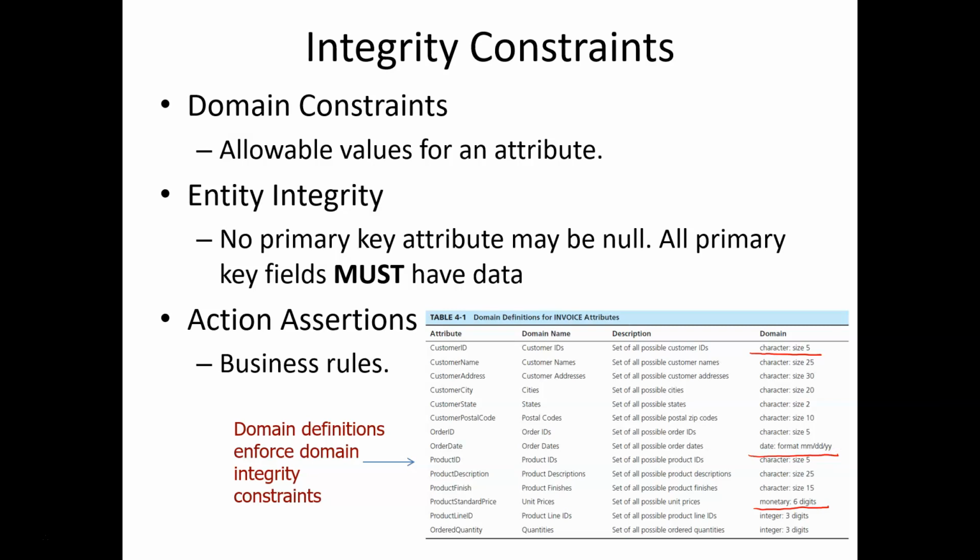So those are some of the domain constraints you can put on the database when you create the database structure. And when users enter data into the database, if they enter 6 digits for the customer ID, then the DBMS is going to say, well, you entered an invalid customer ID, because of the domain constraint. So that's one way for the DBMS to make sure that the data has high integrity.